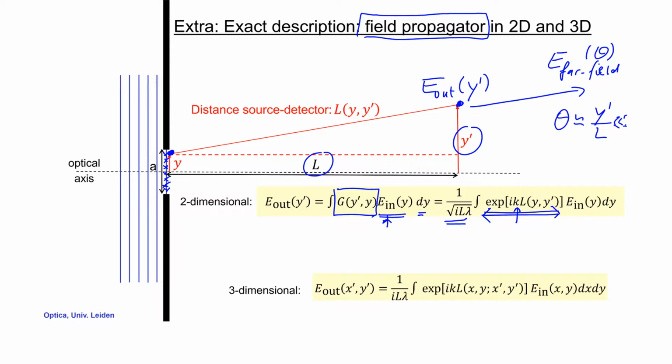And it also contains a term related to the dilution of the field. It spreads out over a spherical shell. And if you look at that other factor, you notice that in the two-dimensional approximation, this prefactor is actually 1 over square root L. More precisely, 1 over the square root of i times L times lambda.